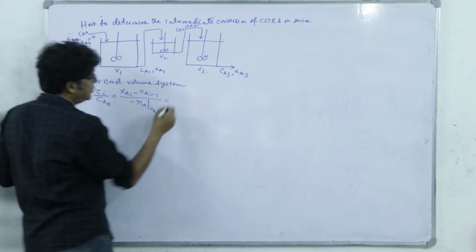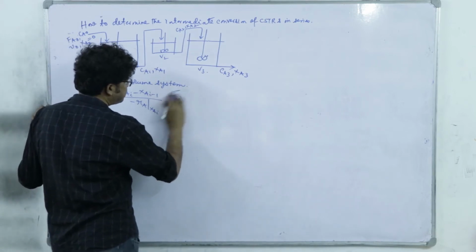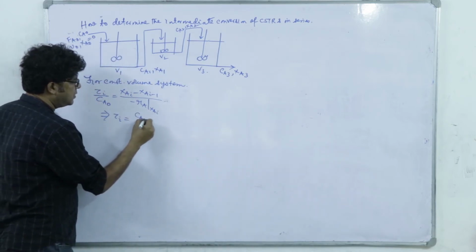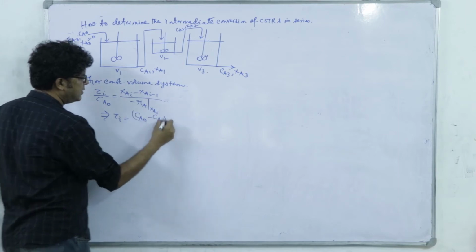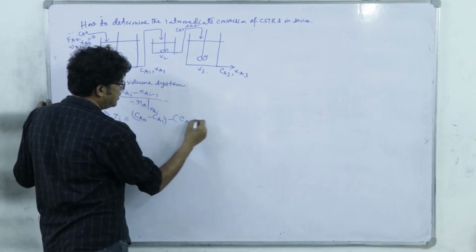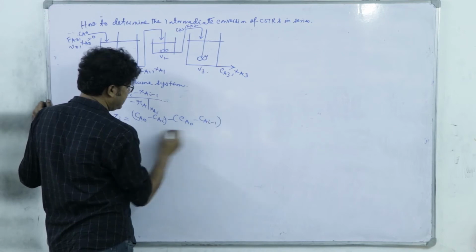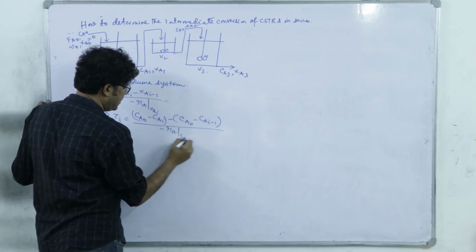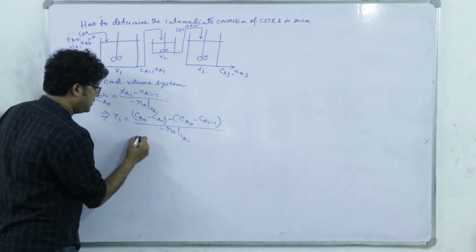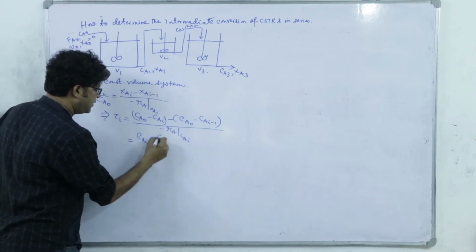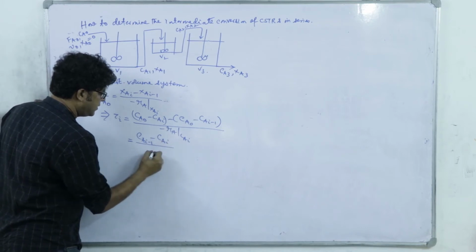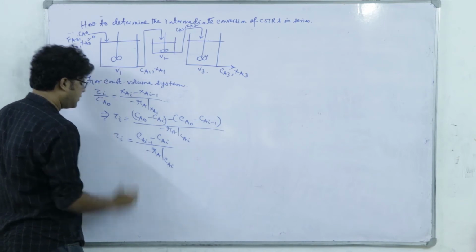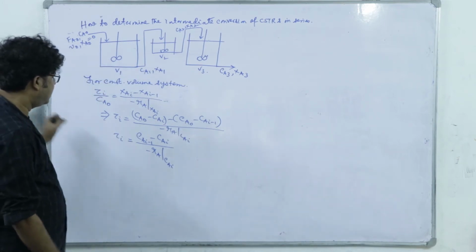So tau i is equal to Cai minus 1 minus Cai divided by minus Ra at Cai, which is tau i. Right.